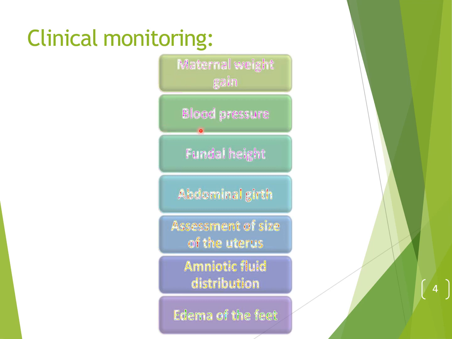Blood pressure of the mother, fundal height, that is size of the uterus. Already we have seen all these things. Abdominal girth, assessment of the size of the uterus, amniotic fluid distribution, edema of the feet. These are the things mainly we are assessing in the clinical monitoring. I think no need to give special explanation for these points because all these points we have seen in the antenatal care and physiological changes during the pregnancy.